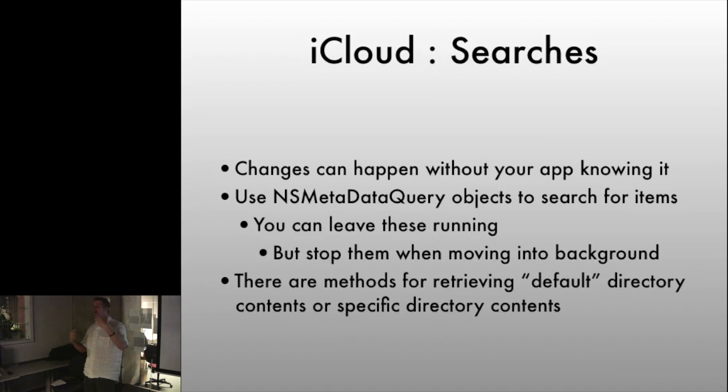Say you want to be able to use GarageBand songs in your iMovie app on your OS X device and on your iPad and on your iPhone, you may want to keep separate locations for saving the GarageBand and iMovie documents and, say, the music you may want to share between the two. So you can look in the default directories for your application, but then you can also specify specific directories, specific containers that can be shared across applications.